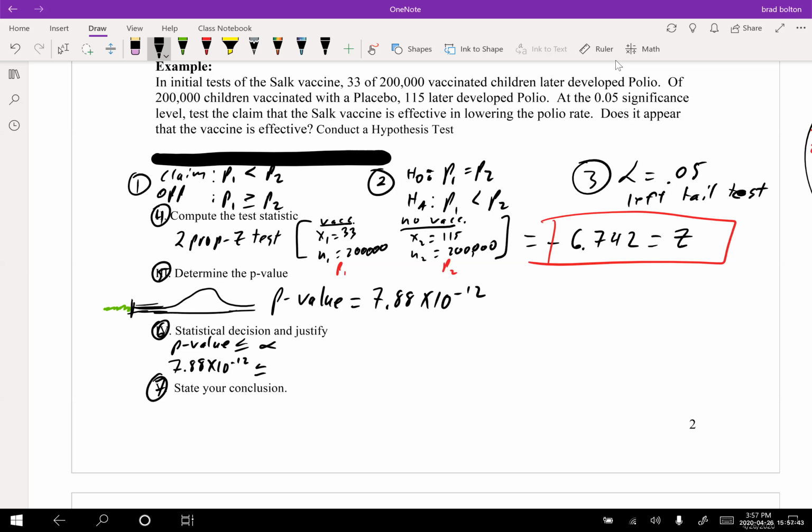That is definitely less than 0.05. So reject the null and accept the alternate hypothesis. Okay, so then it says state your conclusion.